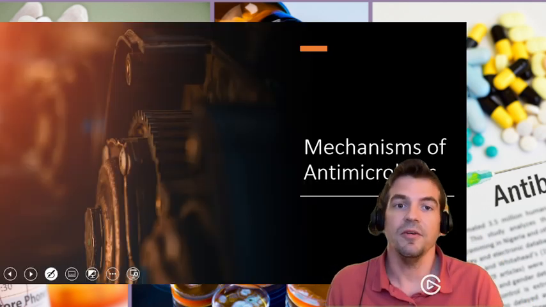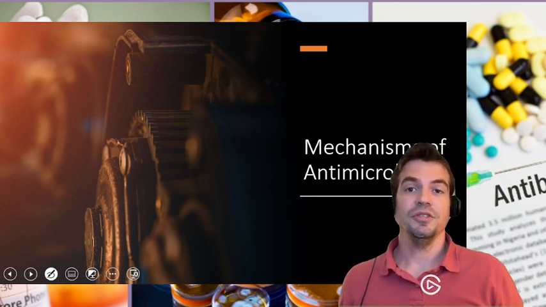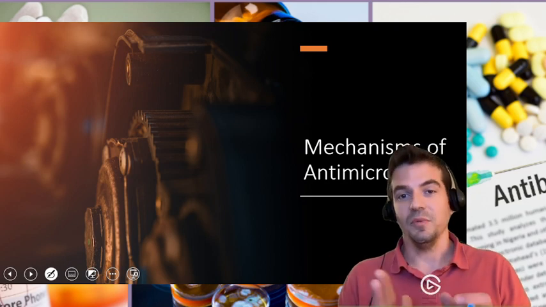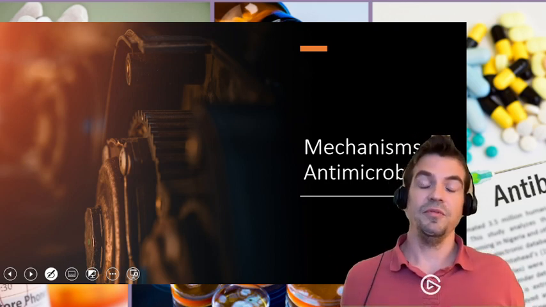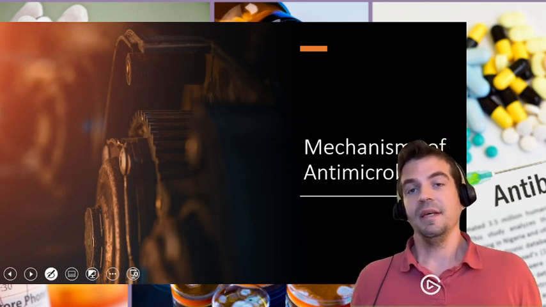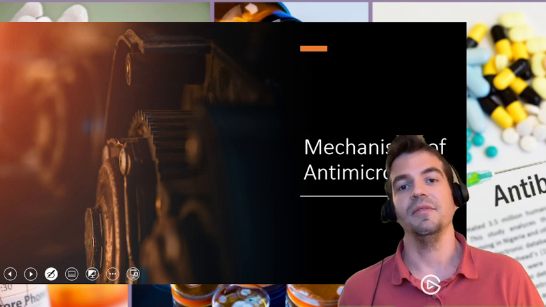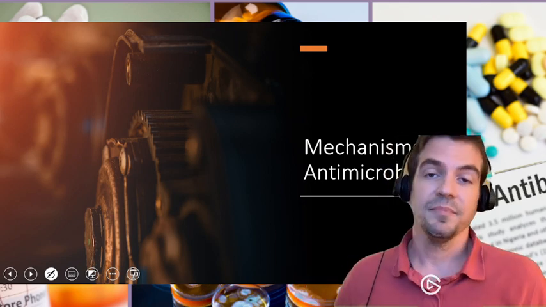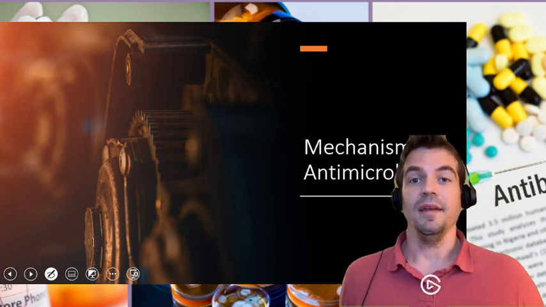And now if we go into how they work, we can see and understand, oh, that's why it's such a narrow spectrum. Oh, this is why it is a broad spectrum drug, because it works on this and it won't differentiate between the two. Okay, so in the next video we'll get into these mechanisms of antimicrobials, and it'll harken back to our cell chapter a lot, and we can actually uncover what they are targeting and how they help us.